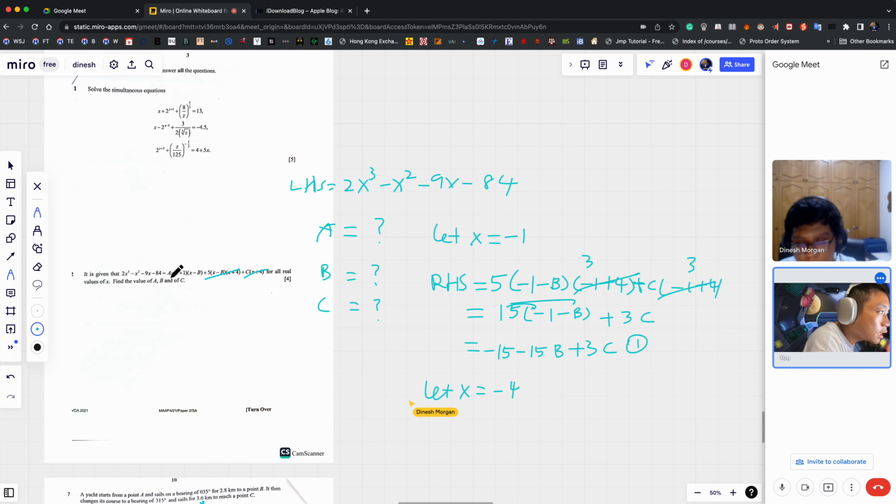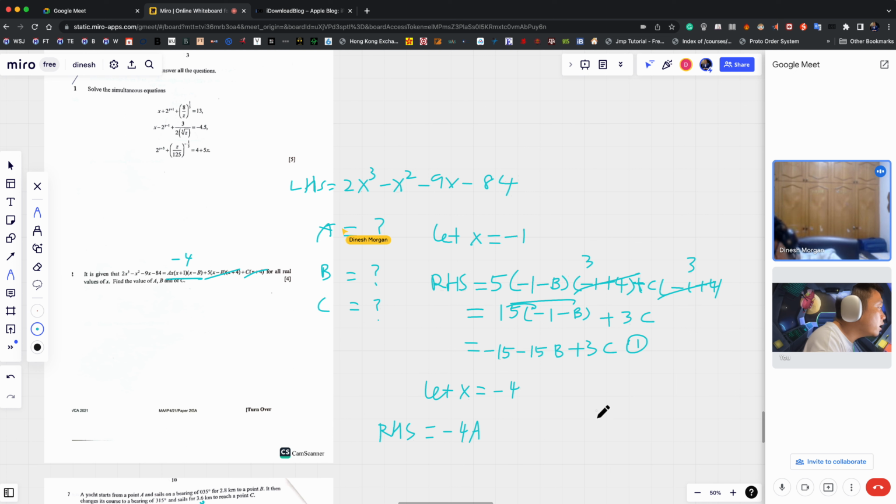To form the second equation, you have to do it on the left side as well. We need x to be negative 1, because if you substitute it into this, then you will get a value here. So can you help me out? Okay, I focus on the right hand side.